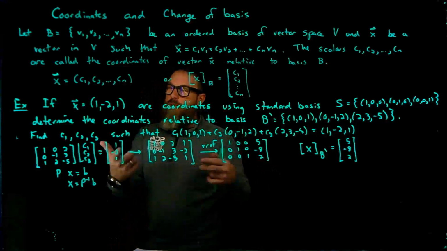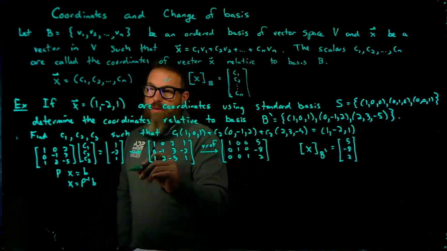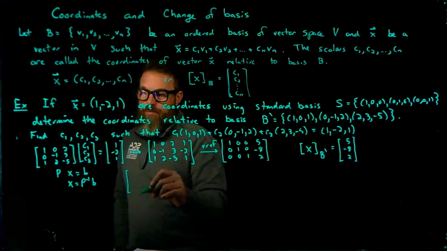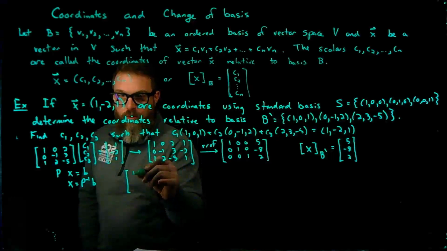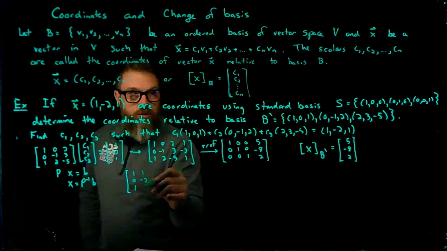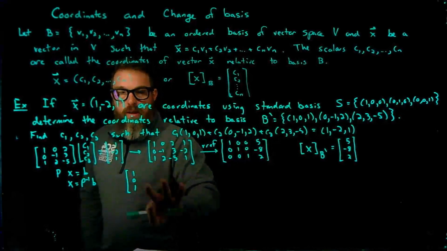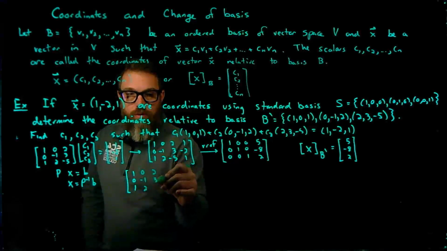Now, how would you find this inverse? Well, if you wanted to do this by hand, you would set this up where we have our basis B prime over here. This is going to be 1, 0, 1, 1, negative 2. Let's try that again: 0, negative 1, 2. And then finally 2, 3, 5.